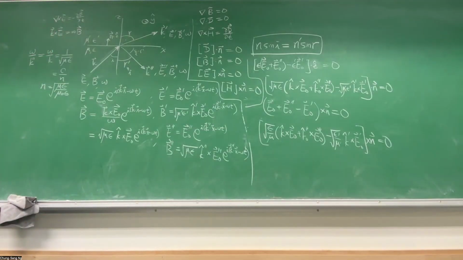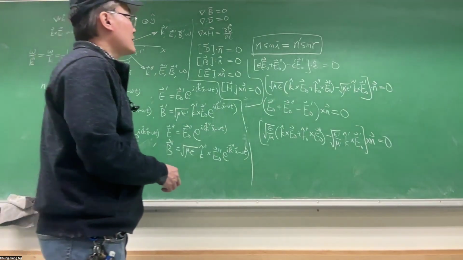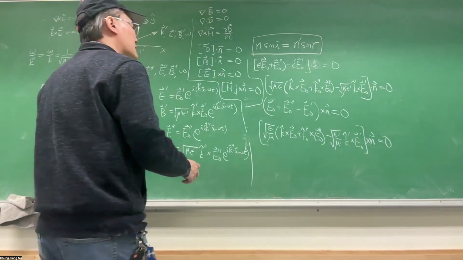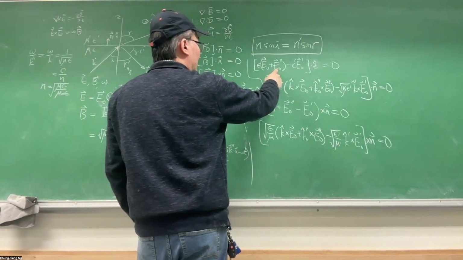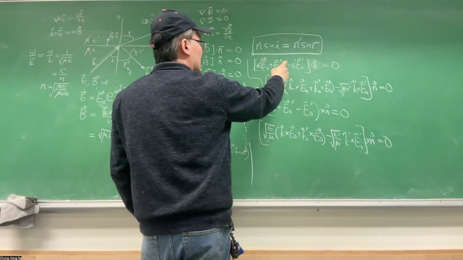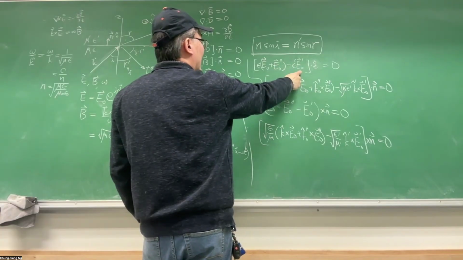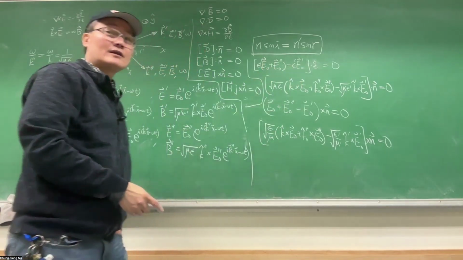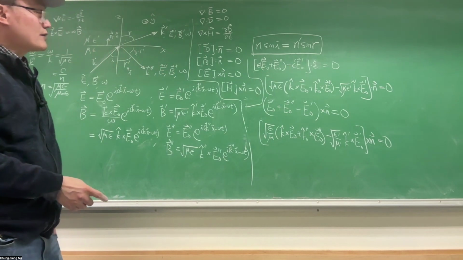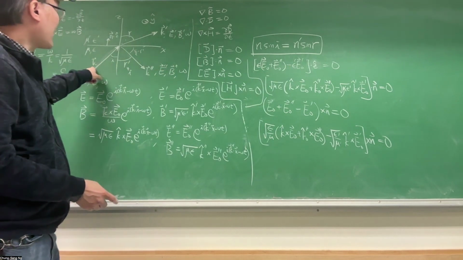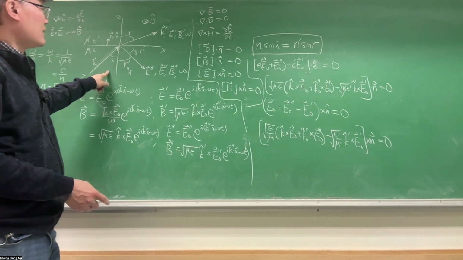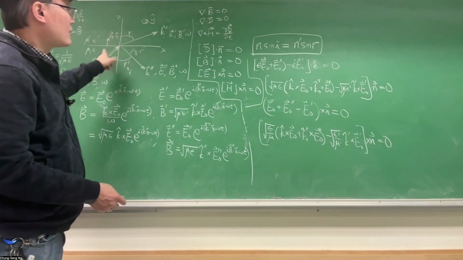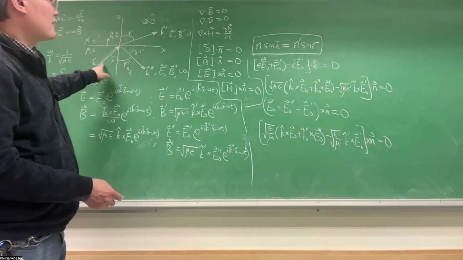The goal of the exercise is to express the reflected and refracted electric fields, E double prime and E prime, in terms of E sub 0 and the incident angle or the K. We already figured out all the angles, so the geometry is fixed.